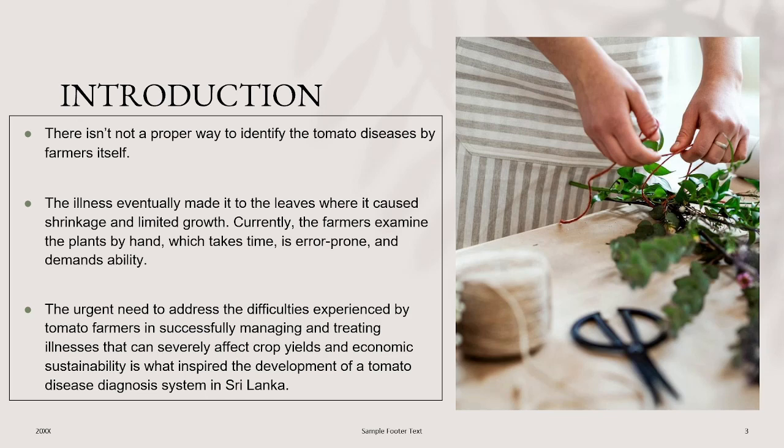So they need to give immediate treatments. Another reason is that delayed treatments can destroy the diseased plant as well. That's the main issue they are facing while fighting with the tomato plant diseases.